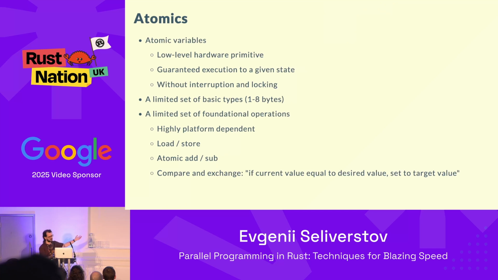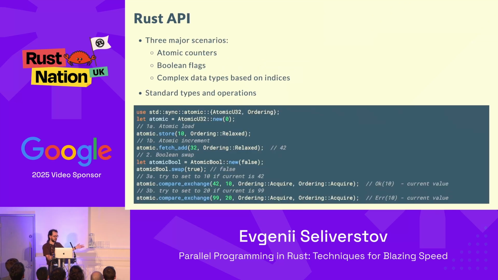So we have load and store, we have really simple operations like fetch add, fetch sub, and of course we have a foundational operation, compare and exchange. So let's see how Rust implements it. It's stable code, it's fine, yeah? So first we go with the flag. The boolean swap is the second one. Yeah? We can set the flag, we can read the flag. We don't need to protect this with a mutex.